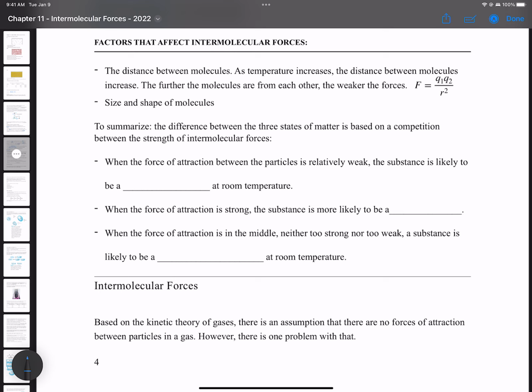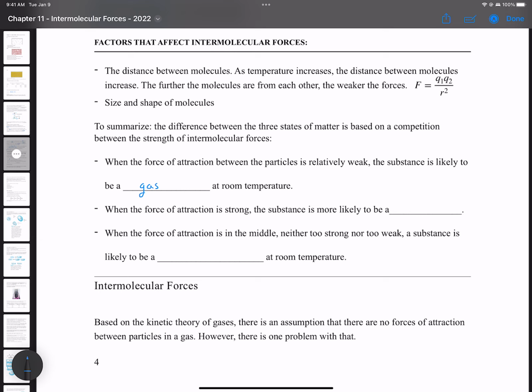the difference between these three states of matter is based on the competition between the strength of their intermolecular forces, where gases have the weakest forces, and solids have the strongest. So when the force of attraction between the particles is relatively weak, we say the substance is likely to be a gas at room temperature.